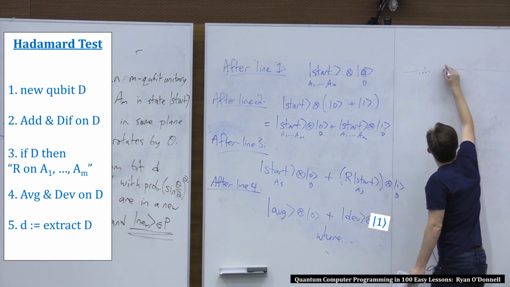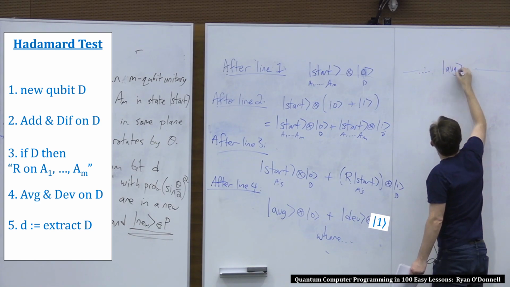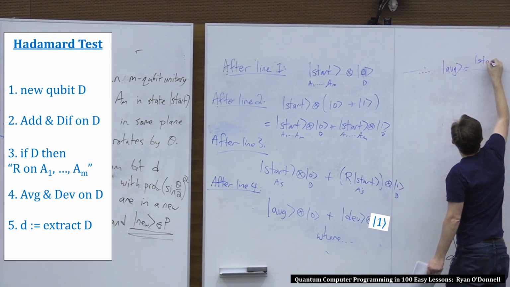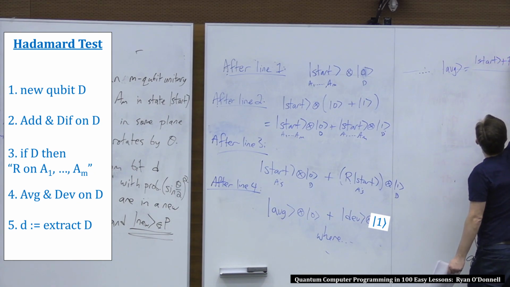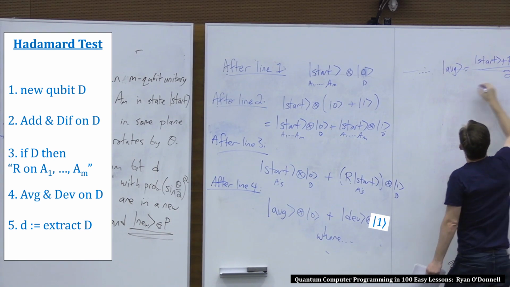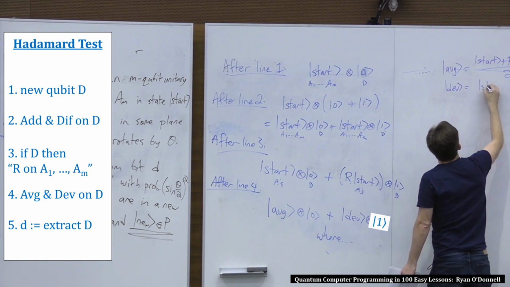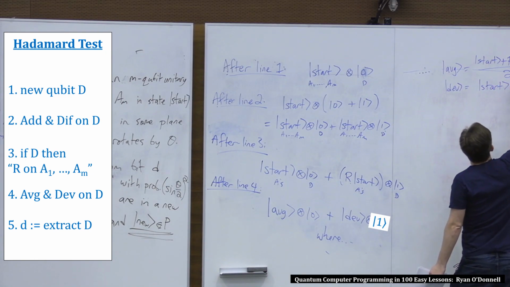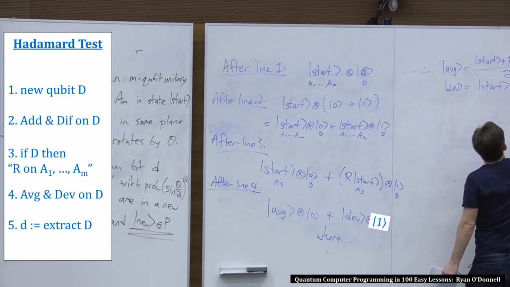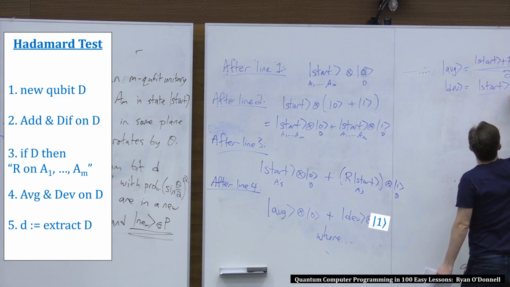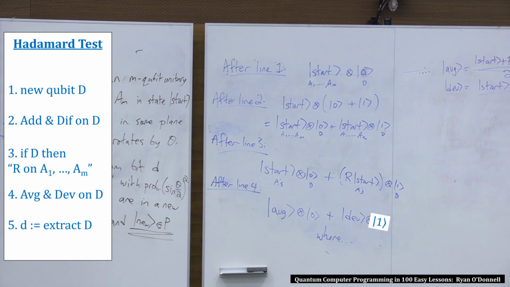So where average is start plus R start over 2, and div, that's vector addition, is start minus R start over 2. So now I'm going to draw a picture.